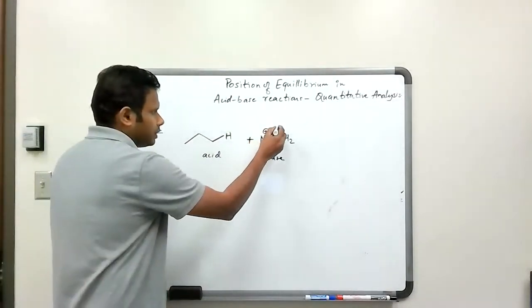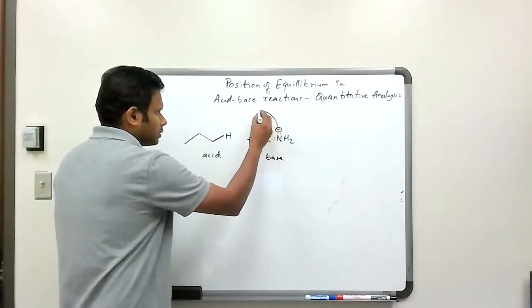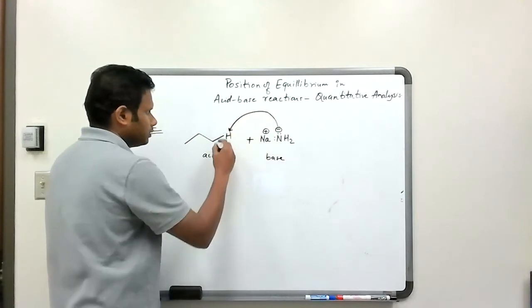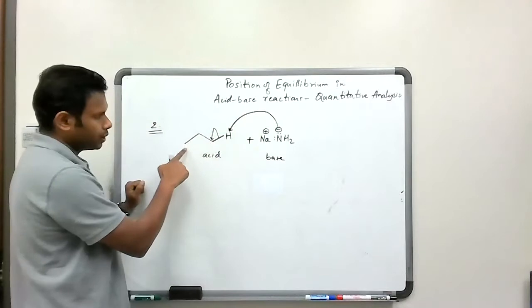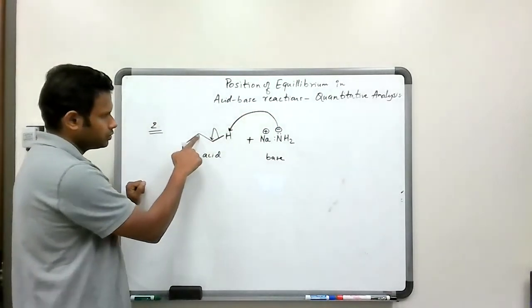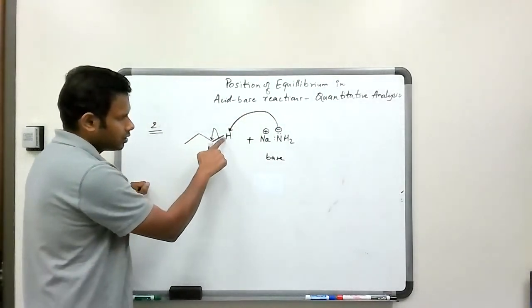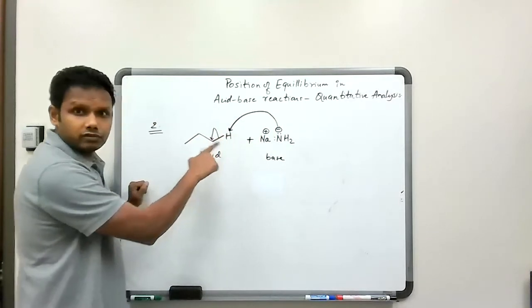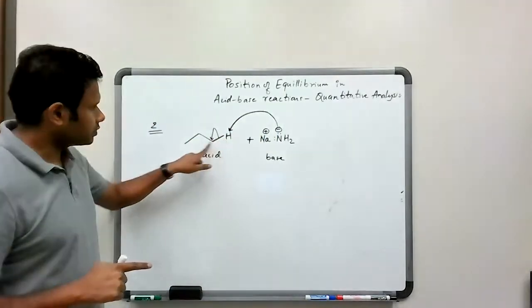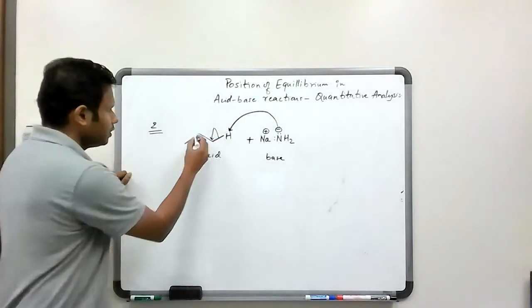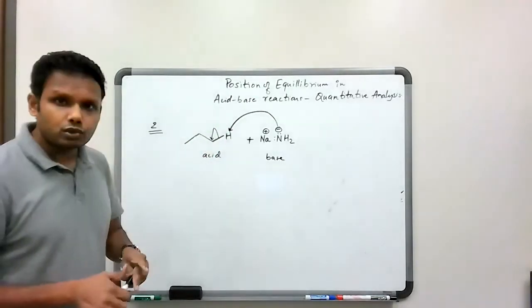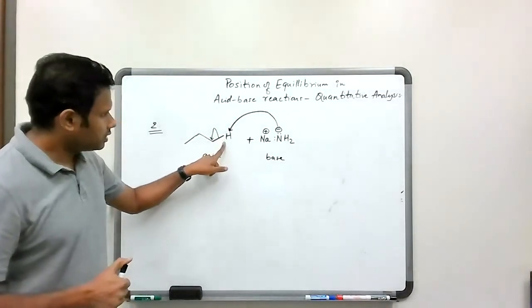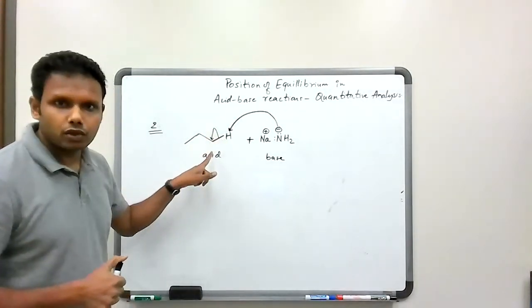So the base will come and abstract the proton. Electrons from this bond go to that carbon. There are 3 carbons in this molecule: 1, 2, 3. There is no carbon here because I have drawn a hydrogen over there. So this is a 3-carbon molecule where a hydrogen is drawn out. And the purpose of drawing that hydrogen out is because I want to show this electron movement.